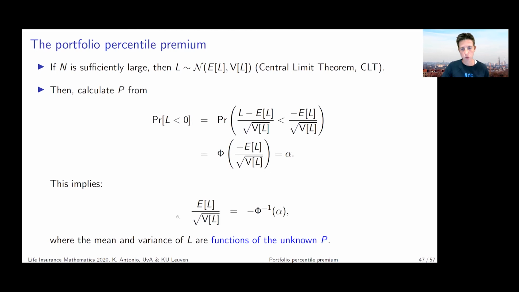So we have to solve the following equation. So we have to calculate which P leads us to the following expression for a given alpha. And that is what this portfolio percentile premium will be about. So what we did is we looked at the expression for capital L, which is expressed as the total loss on a portfolio of contracts.